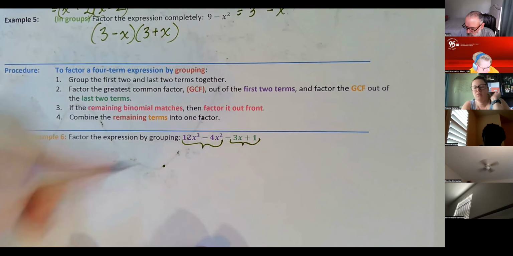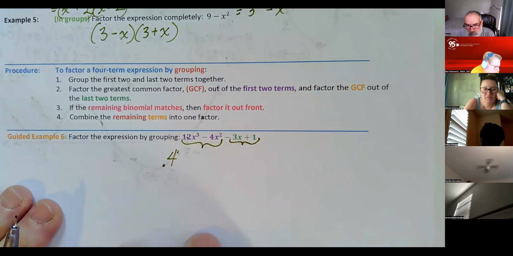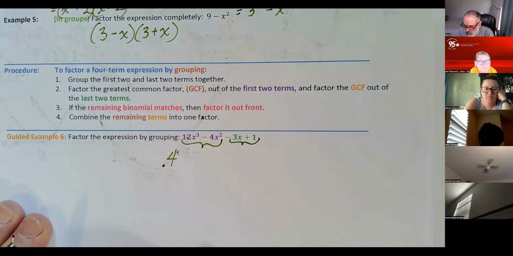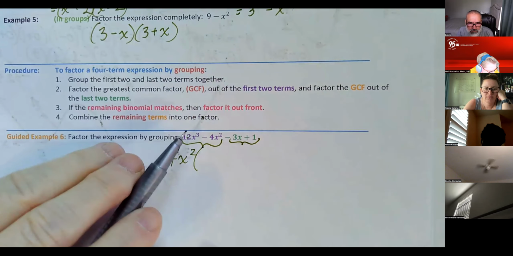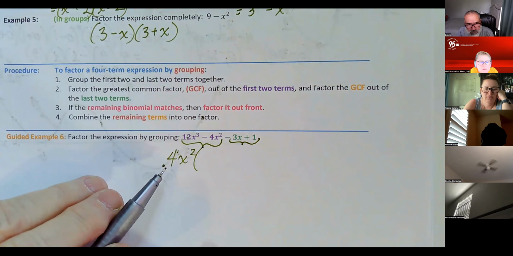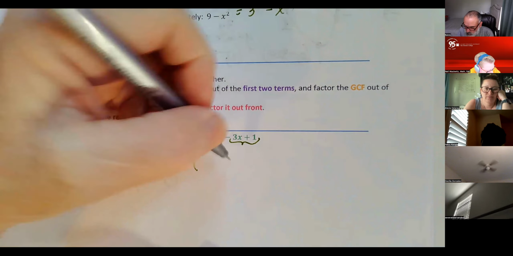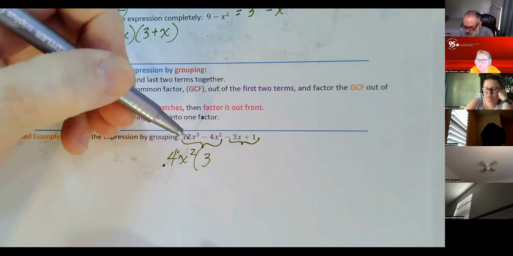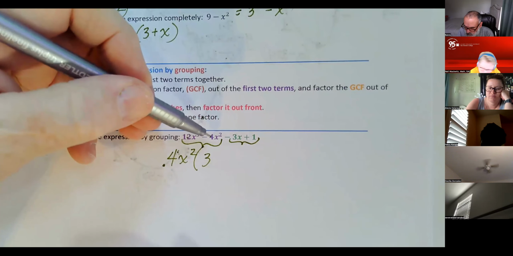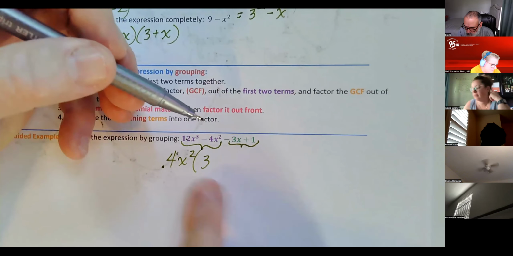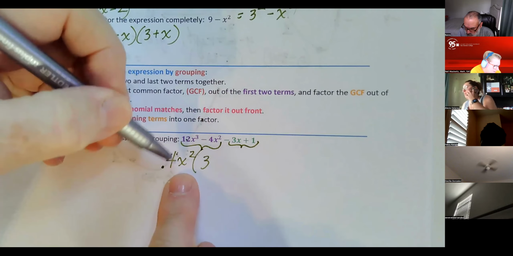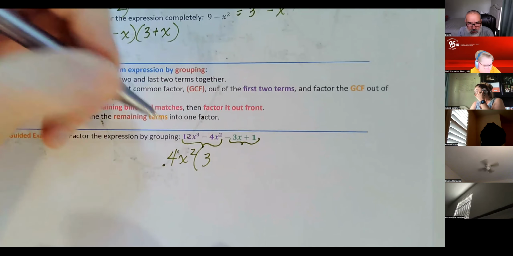4. Good. And between x cubed and x squared? X squared. Good. 12 divided by 4? 3. And then we've got x cubed divided by x squared.